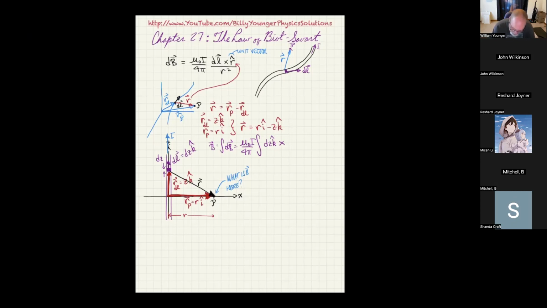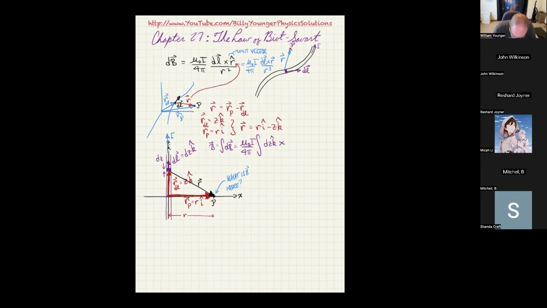But another thing we could do is just say mu 0 I over 4 pi dl cross r over r cubed, and that would fix it all. To me that's a much smarter thing to do.